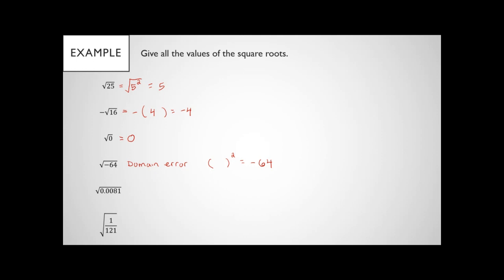But you do want to know that if you're taking the square root of a negative, until you talk about complex numbers and imaginary numbers, we're going to say there's no real solution. Or you can write it's not a real number. Both of those are correct. You just can't do it.